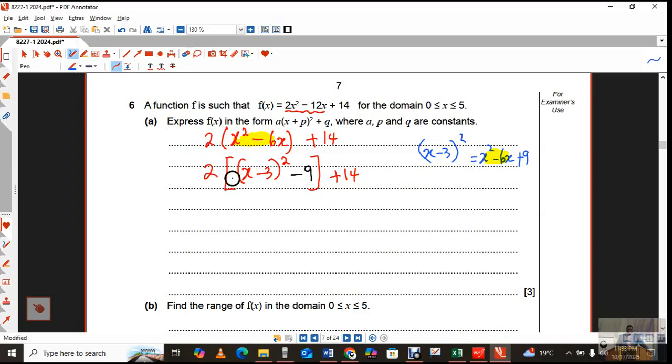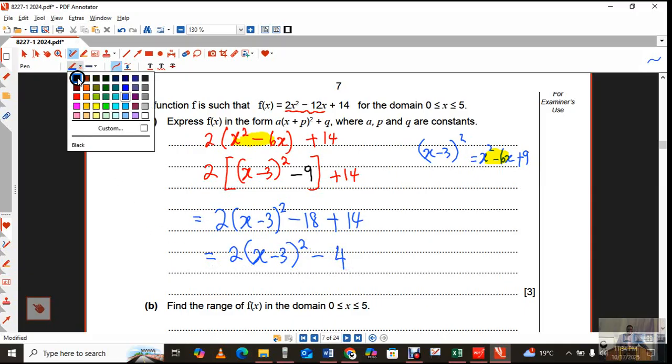So first of all, I want to multiply out by 2. So that's going to be 2, then I have x minus 3 all squared, and then 2 times negative 9, that is negative 18, plus 14. Now you can just clean it up a little bit more. So that's 2 times x minus 3 all squared minus 4.